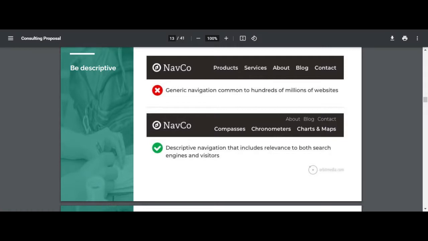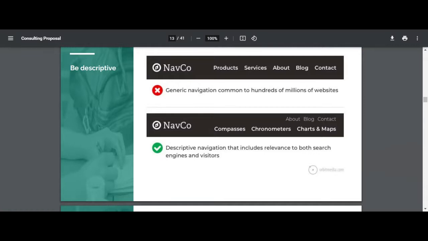And then if Google sees that compasses is really a list of compasses, and people actually stay on the site and buy compasses, Google will say it's a good experience, so it'll give more points to Navco. And then when people go to Google and search on compasses, it will actually show Navco because Navco has met the criteria that Google is interested in.